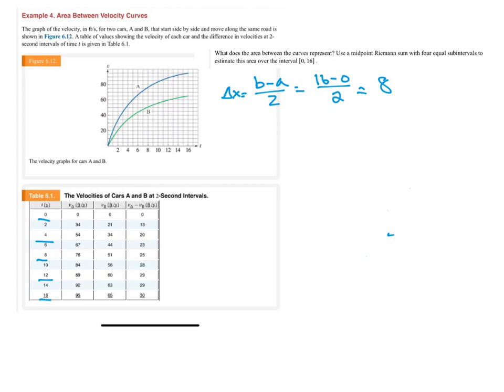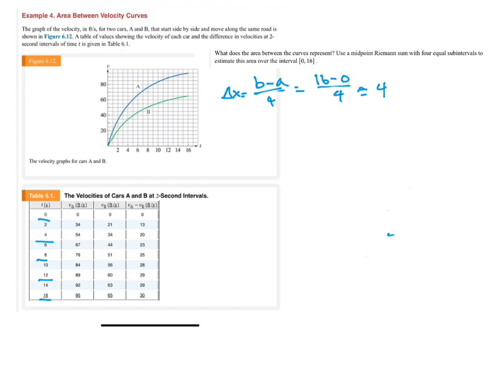Not over 2. Why did I divide by 2? Divided by 4. Each interval is 4 long.